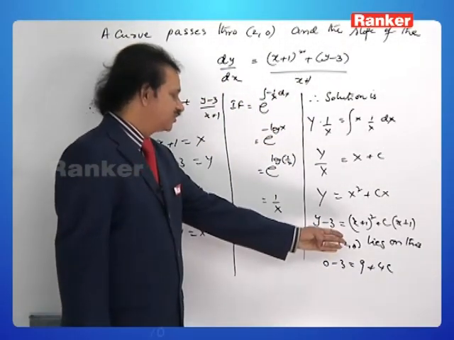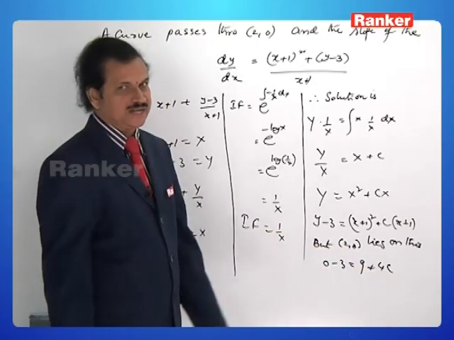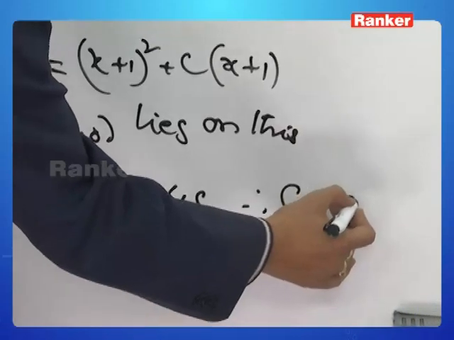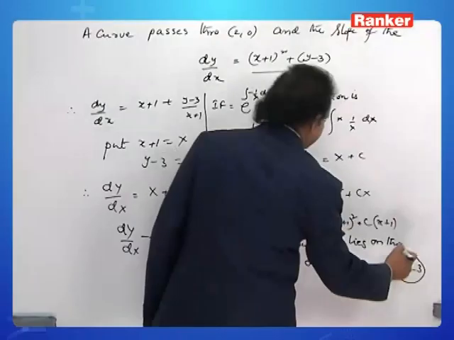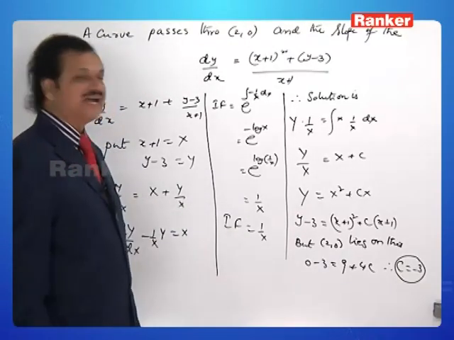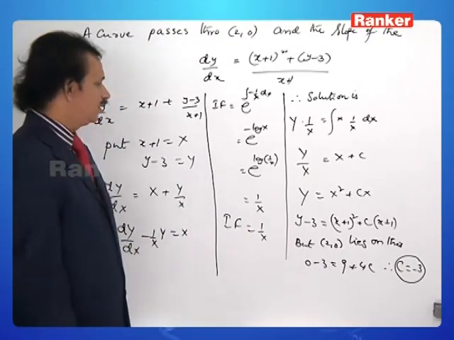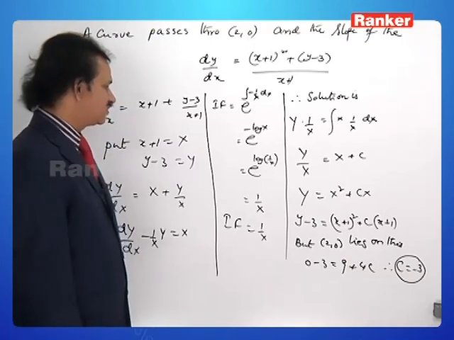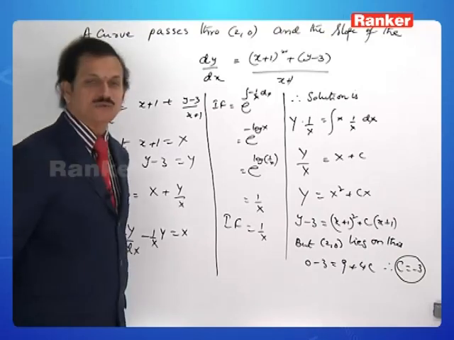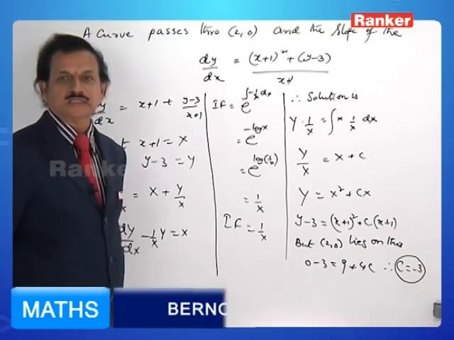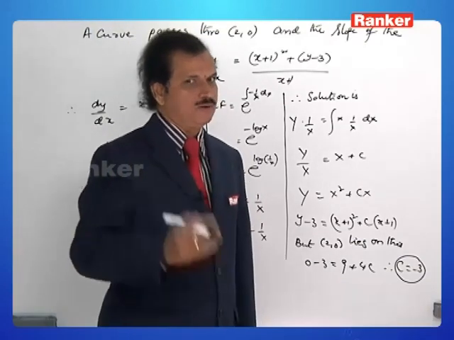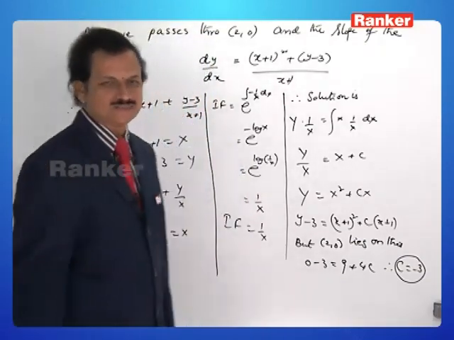Good. 4c is equal to minus 12, hence c is minus 3. One particular aspect is completed. We could have got the solution completely. What is the solution? y minus 3 is equal to (x + 1) whole square minus 3 into (x + 1). The only thing that has remained here is to find the area bounded by the curve and the x-axis.